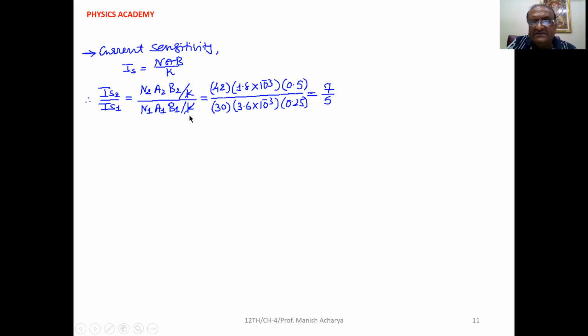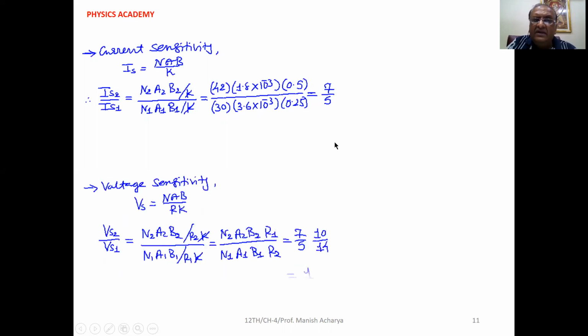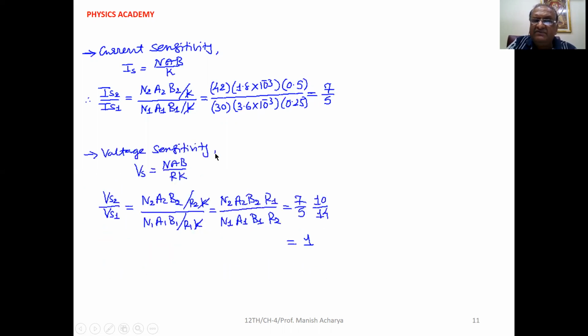Now K cancelled. N2 42, A2 1.8 into 10 raised to minus 3, B2 0.5 upon N1 30 into A1 3.6 into 10 raised to minus 3 into B1 0.25, that is equal to 7 by 5. Now voltage sensitivity.